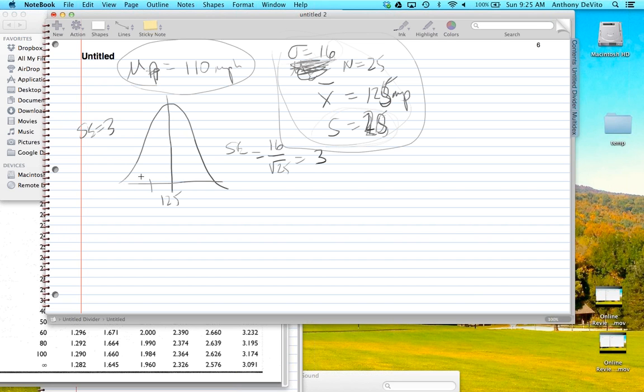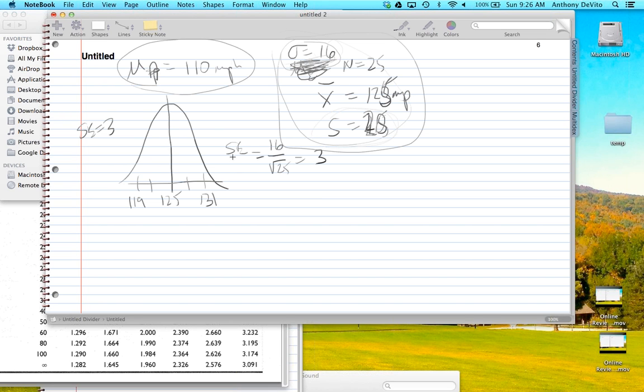I would expect that two standard deviations below 125 is something around 119, and two standard deviations above 125 is about 131. That's with a known standard deviation for this particular other population.